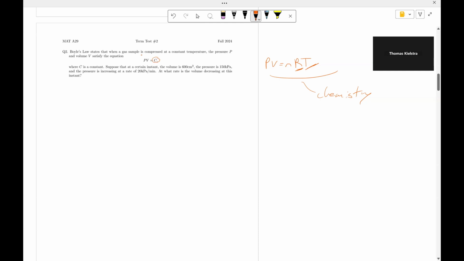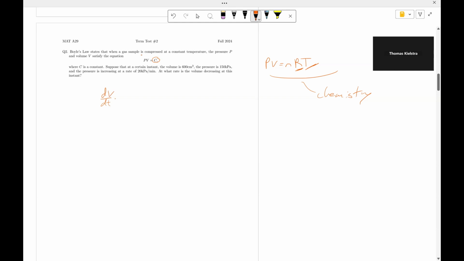And suppose that at a certain instant, the volume is 600 centimeters cubed and the pressure is 150 kilopascals. And the pressure increases at a rate of 20 kilopascals per minute. At which rate is the volume decreasing at this instant? So what we're looking at is the change with respect to time of my volume.